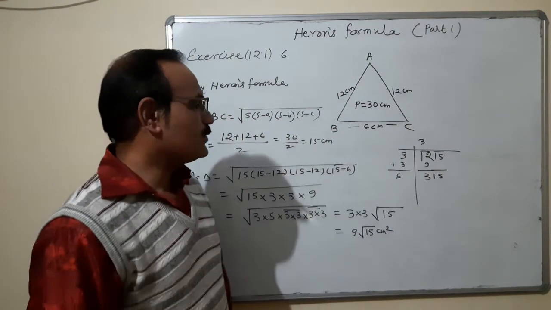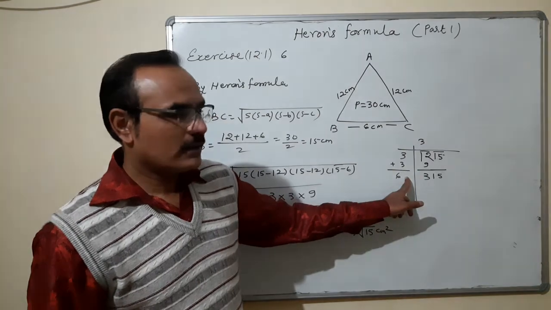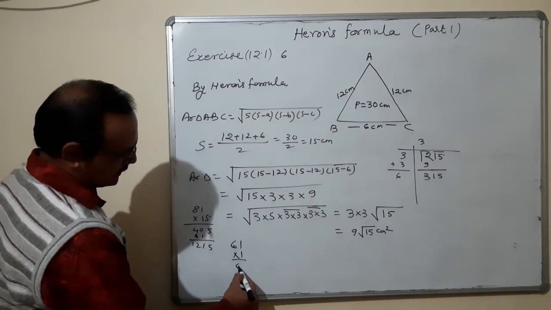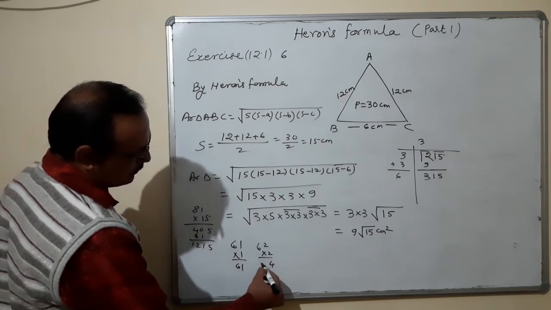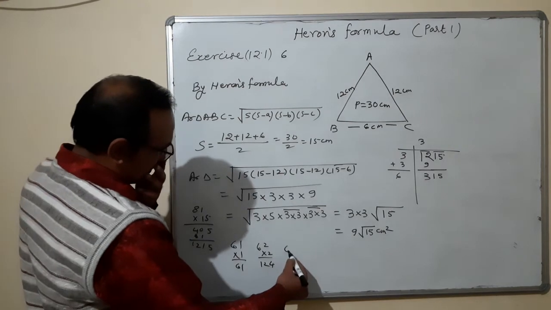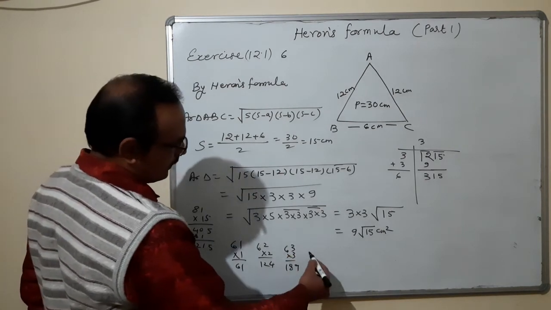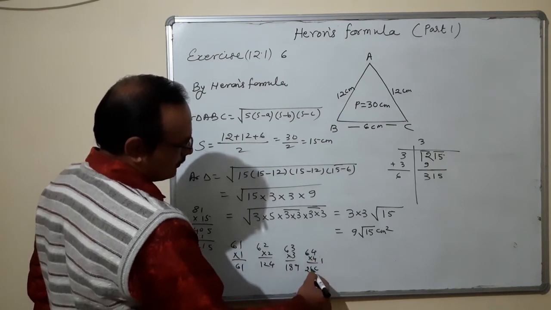After that, using the same method, writing 6 with 1 multiplied by 1, 61. 6 with 2 multiplied by 2, 124. 6 with 3 multiplied by 3, 189. 6 with 4 multiplied by 4, 256.